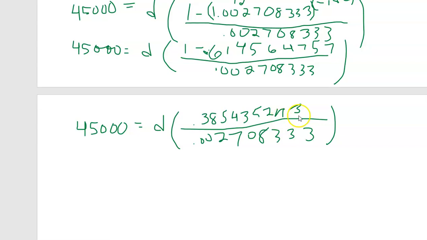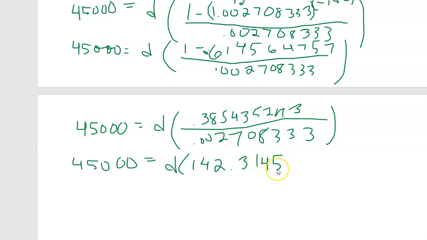And now we want to take this top number and divide it by the bottom number in our calculator. I get 142.3145687.